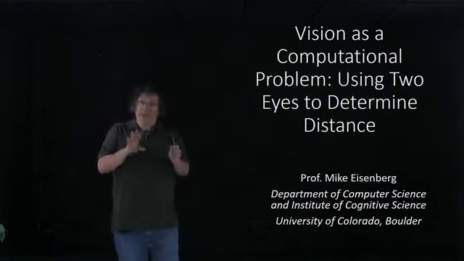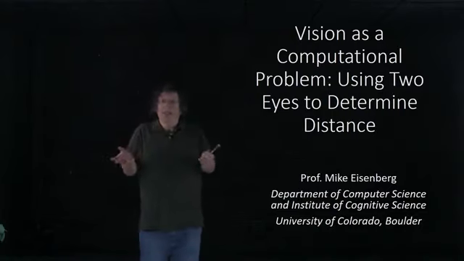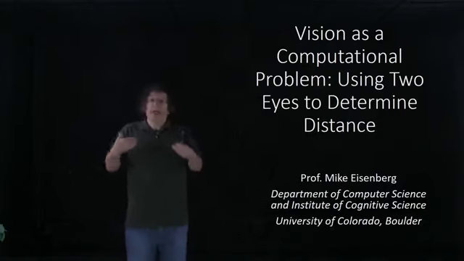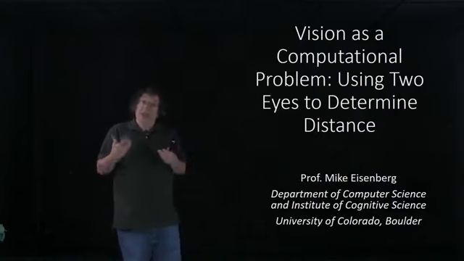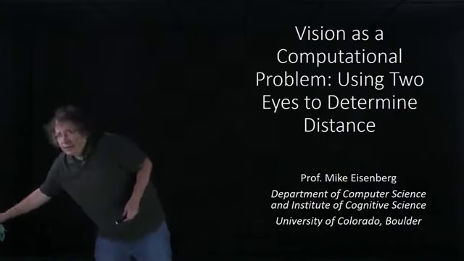What we're going to do today is focus on yet another aspect of vision. You can think of it as a computational problem that our vision system has to figure out, which is not just where the boundaries of objects are, but how far those objects are from us. Now, when you think about it, that's actually a rather difficult task.